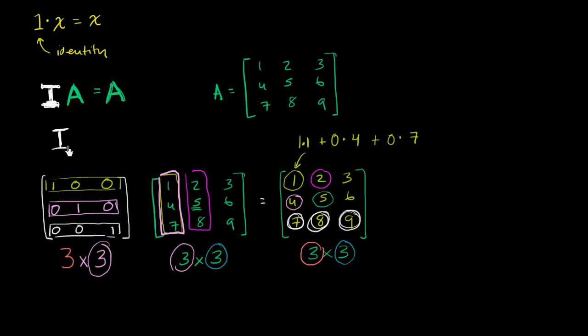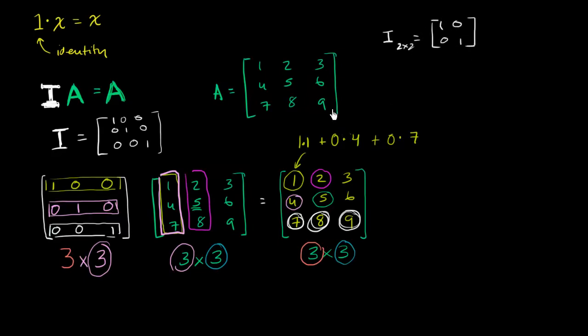So the 3 by 3 identity matrix is equal to 1, 0, 0, 0, 1, 0, and 0, 0, 1. And as you will see, whenever you construct an identity matrix, if you're constructing a 2 by 2 identity matrix, it's going to have a very similar pattern. It's going to be 1, 0, 0, 1.